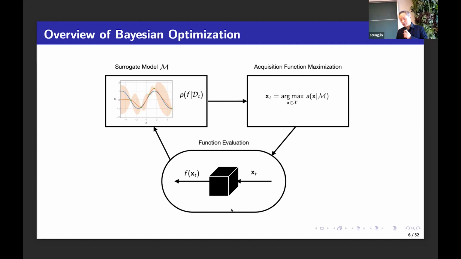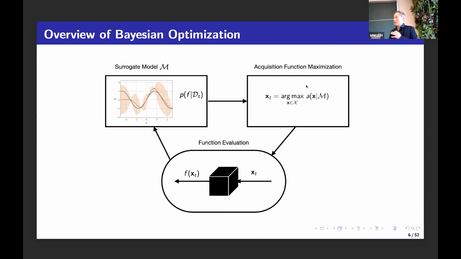In fact, there is a theoretical guarantee that at the end of the day you will be able to find the global maximum, if you find the global maximum of these acquisition functions.